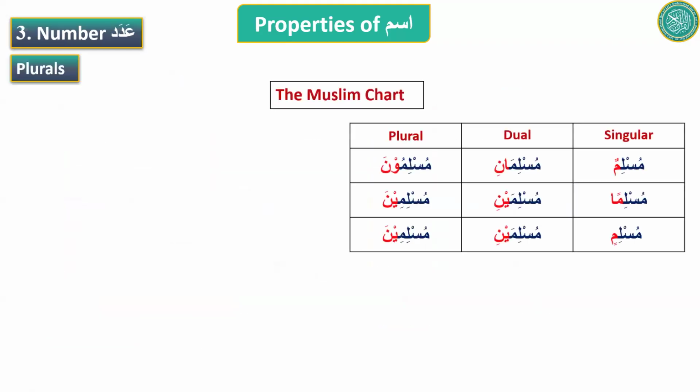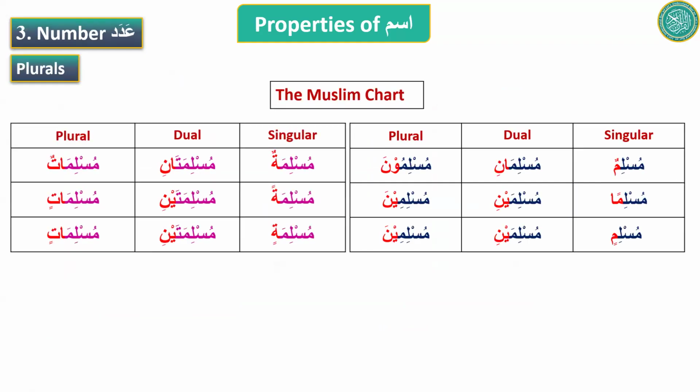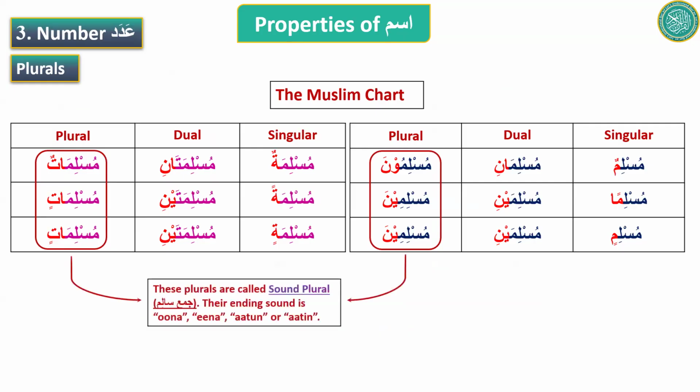Okay? So if you see the masculine gender Muslim chart and the feminine gender plural chart, the plurals were what kind? They were sound plurals because they end with una, ina, or atun or atin sound. They are called sound plural, jama salim in Arabic.